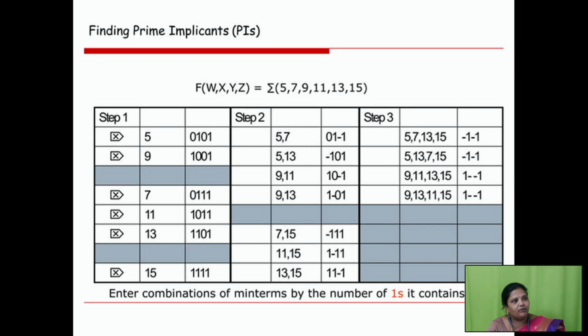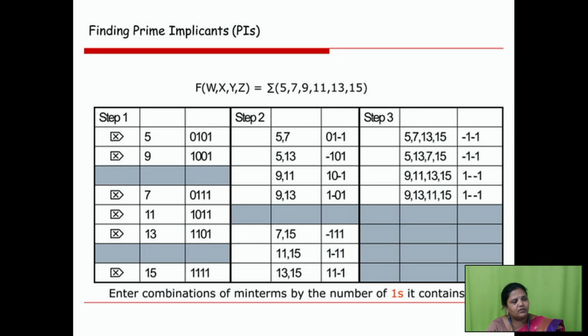Then next you have to go with your 9 comma 11. 9 comma 11 is changing in the third position. So in the next group, which numbers have dash in the third position? If you are going with your 9 comma 11 and 13 comma 15, your second position is changing, so 1 dash dash 1. 9 comma 11 and 13 comma 15.